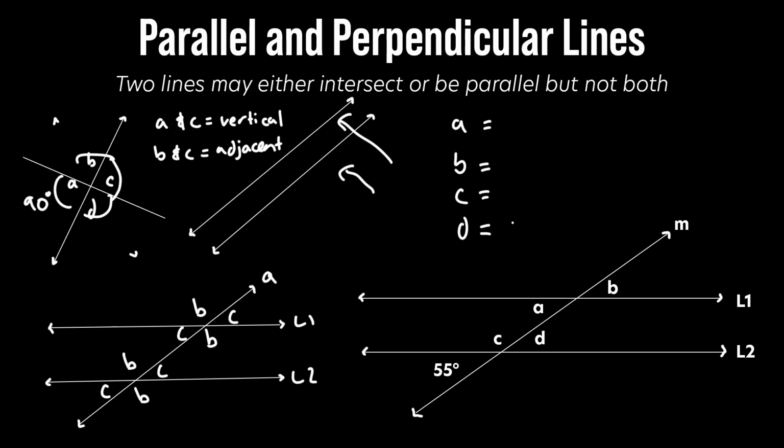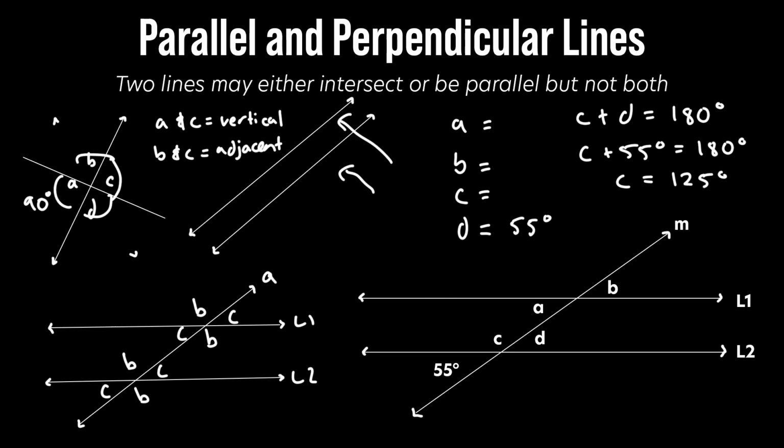So we know D is 55 degrees. According to supplementary angles, we know C plus D is equal to 180 degrees. Yet we know what D is, so C plus 55 degrees is equal to 180 degrees. If we subtract 55 from both sides, we get C is equal to 125 degrees.